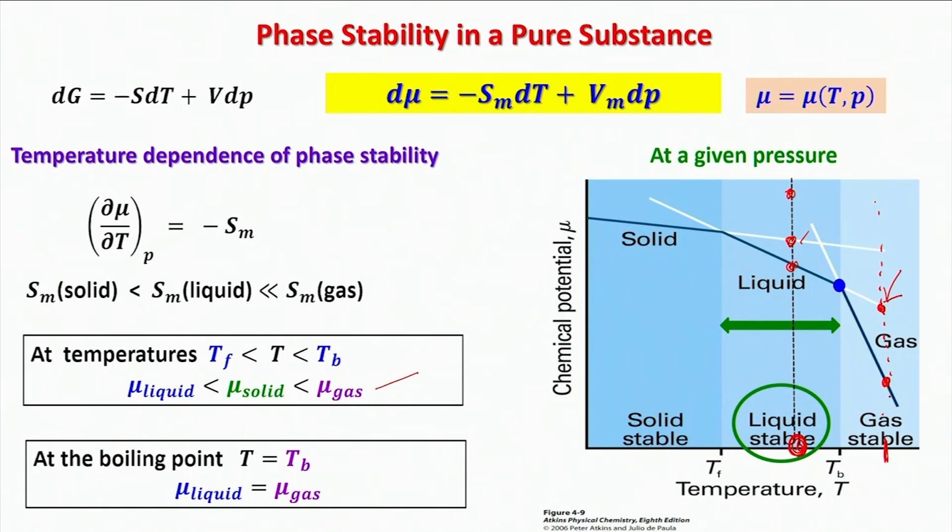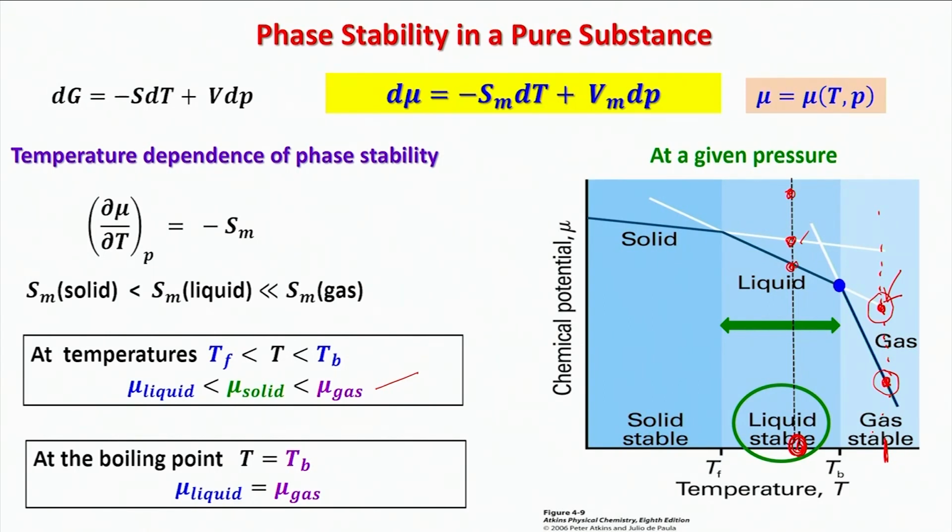Therefore, if I perturb the system even by an infinitesimal amount, the system will undergo an irreversible change in phase and go over to the gas phase, which is associated with a lowering of the chemical potential, and therefore the substance will undergo a transfer from the unstable liquid phase to the most stable gas phase. Therefore, under such condition, I would find that there will be no phase equilibrium. Only one phase is going to be stable.